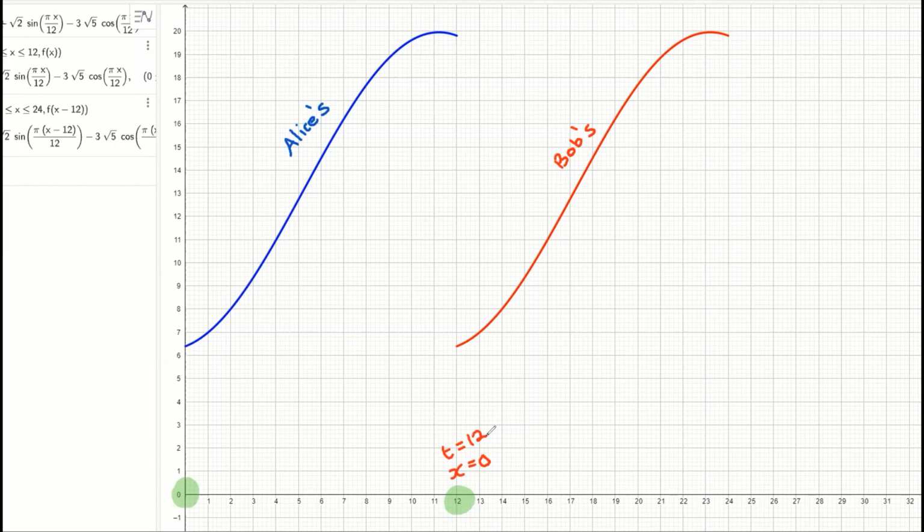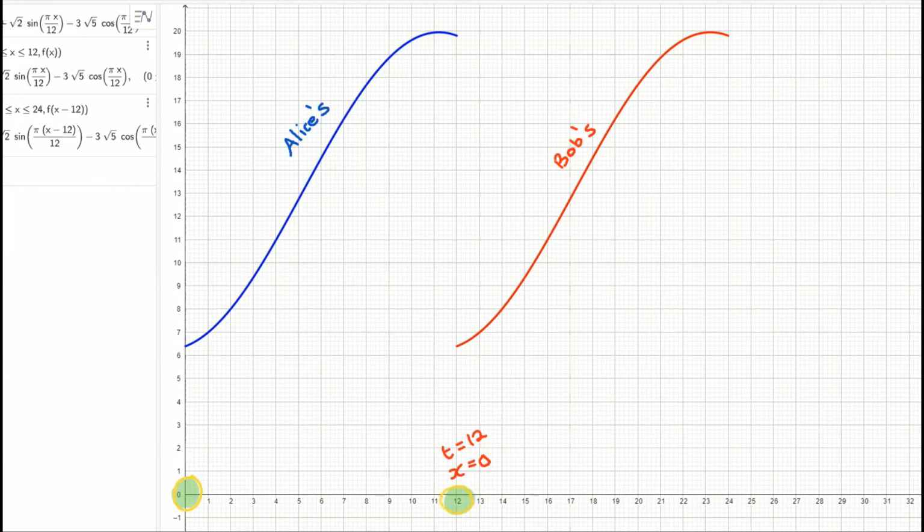Now then, so what is the problem with Bob's model? Well, Bob is modeling the same thing that Alice is measuring. But remember, Alice has collected data for hers. Okay, Alice was collecting data between midnight and 12 noon. So between this time here and this time here, Alice was collecting data.